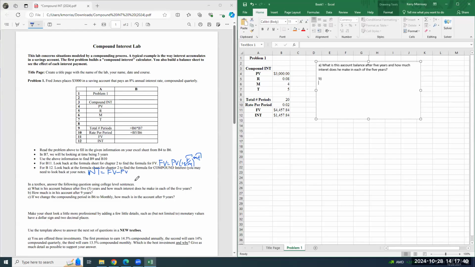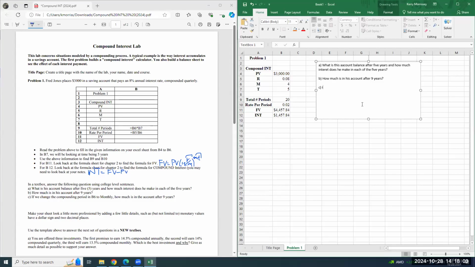B, it says, how much is in his account after 9 years? So again, use what you have built already to figure out what we could change to see after 9 years. How much would you make?